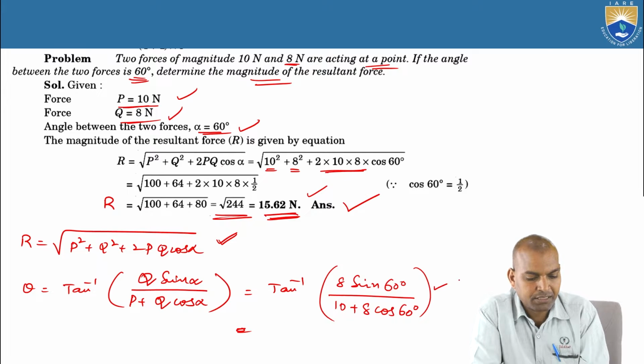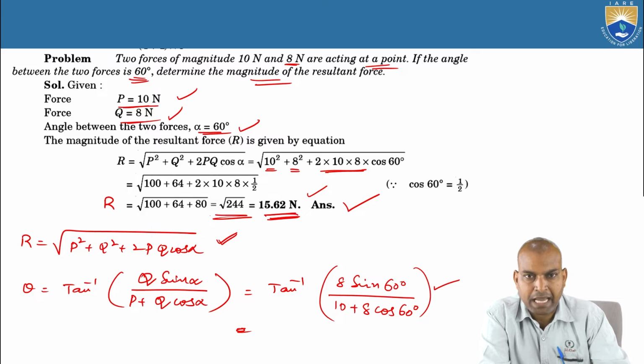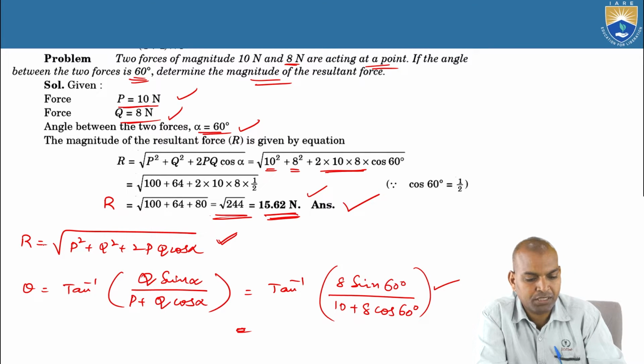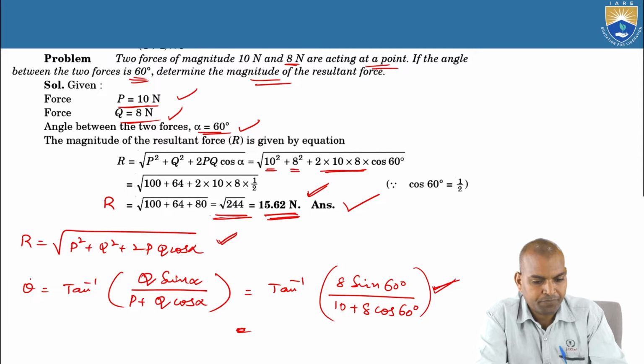If you calculate it, this is the angle with which the resultant force is acting on your body. So R equal to 15.62 newtons is the resultant force, and the direction is tan inverse of 8 times sin 60 by 10 plus 8 cos 60. That is the direction of the resultant force.